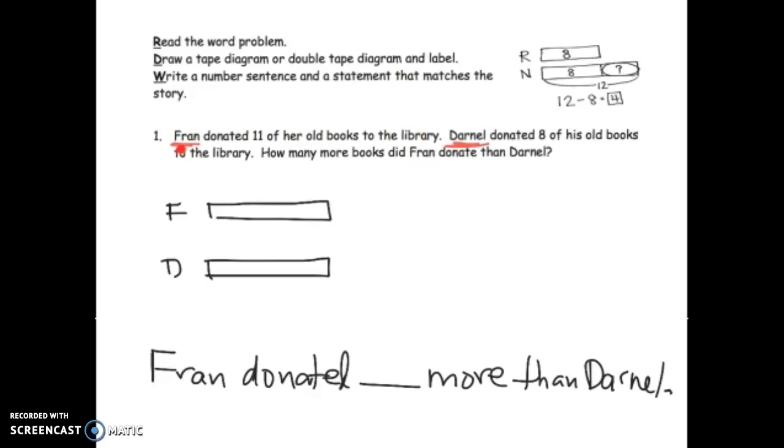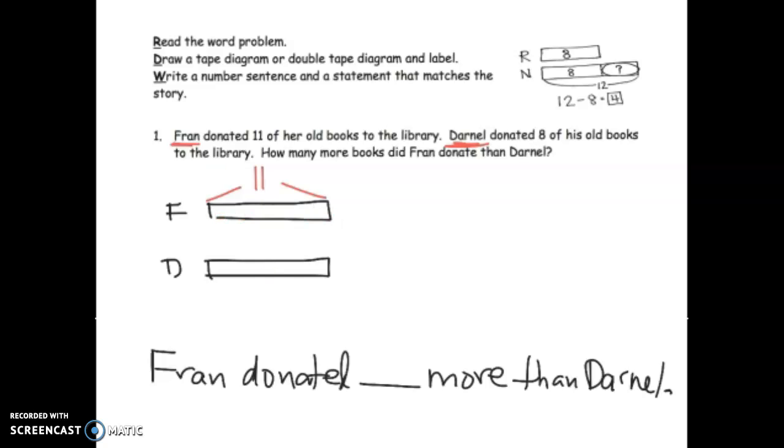So it says Fran donated 11 of her old books to the library. So I know that this bar right here represents 11. So I'm going to draw an 11 right there. Then I read again, and this one says Darnell donated 8 of his old books to the library.